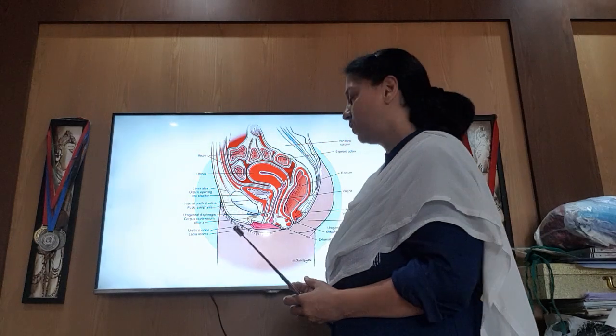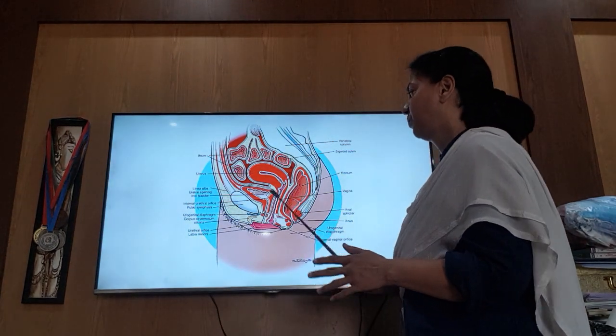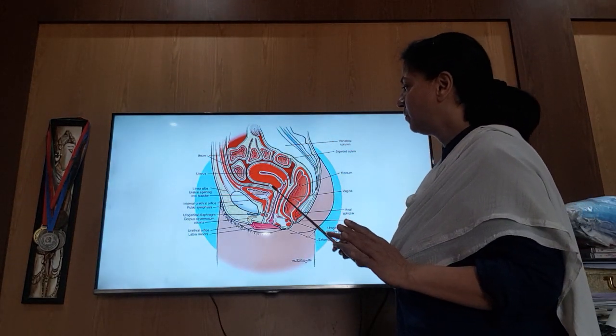It can grow there, okay? So this was about the shape of empty bladder and shape of full bladder. Empty bladder is tetrahedral in shape, full bladder is nothing but ovoid in shape, okay? So this thing you must have seen.